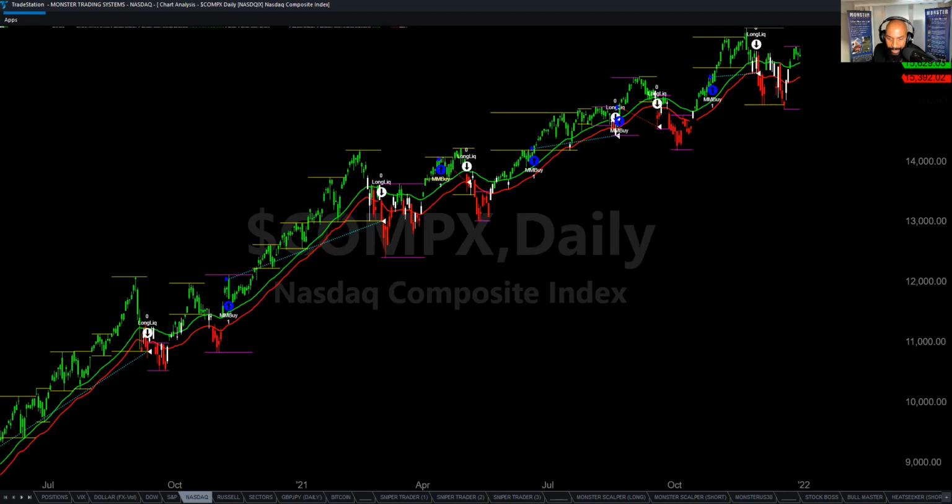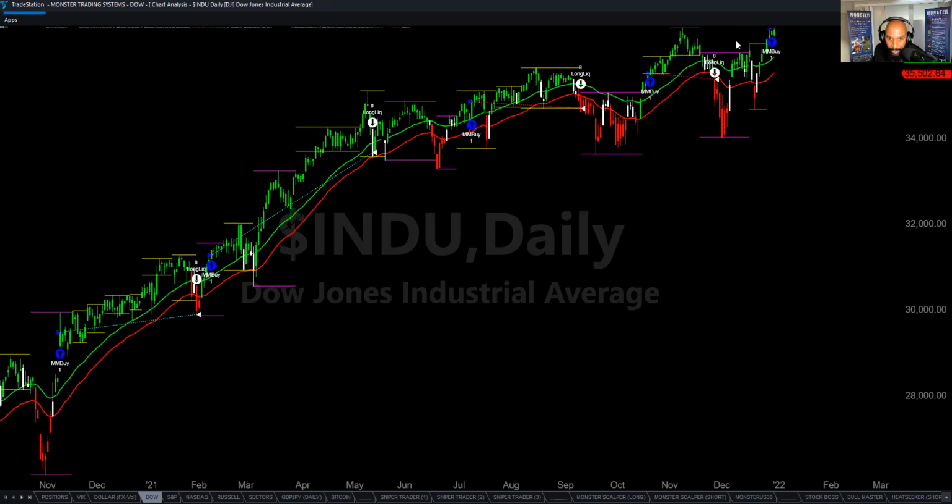If you wanted to put some real capital to work, that's when you can start. We would like to see the indexes move up a little bit. They're still holding that resistance, but the market looks healthier.